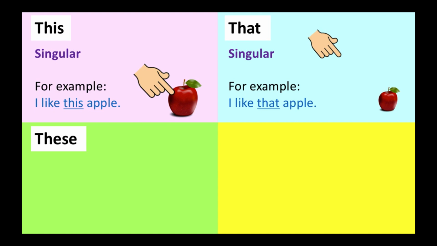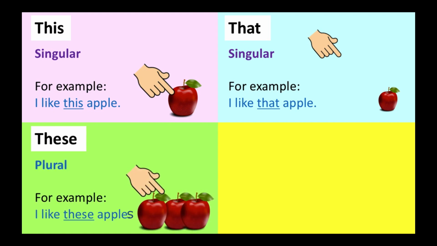These is plural. For example, I like these apples. These means near us, but it's not one or single, it's more than one, two or more.